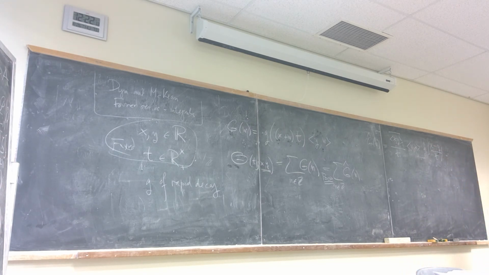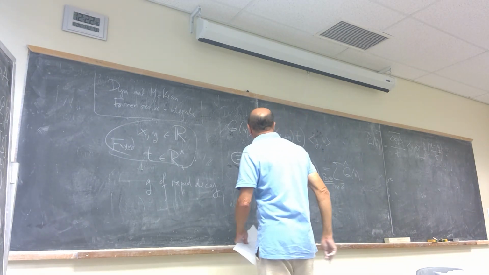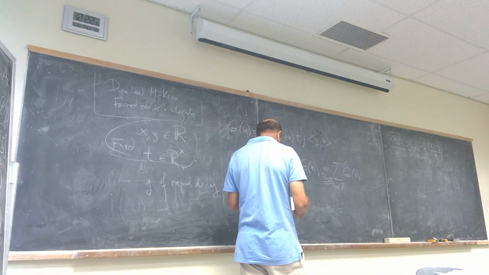So notice what's happened. First I've gone to the Fourier transform of g. Then instead of translating by x, I now translate by y. Instead of taking the inner product with y, I'm now taking the inner product with x. Right? Instead of scaling by t, I'm scaling by 1 over t. So somehow or another, this is related to the theta function of t inverse, y x. Right?